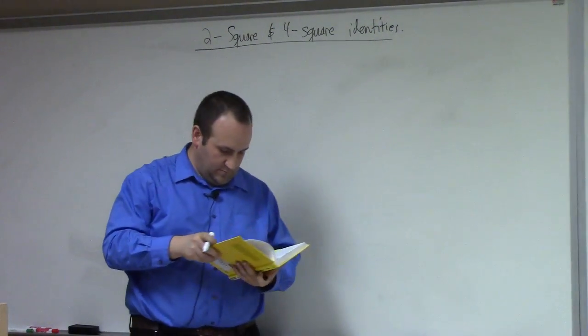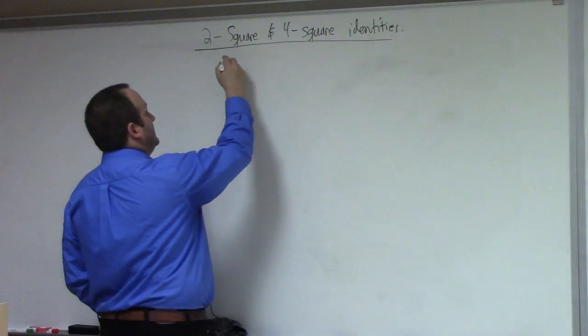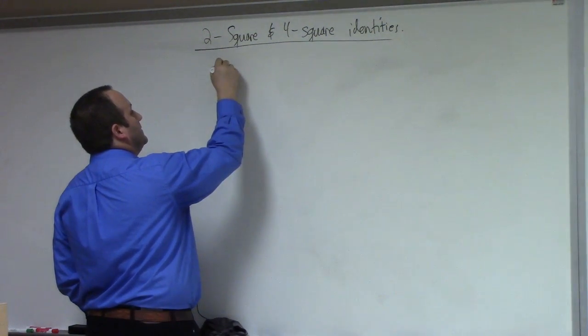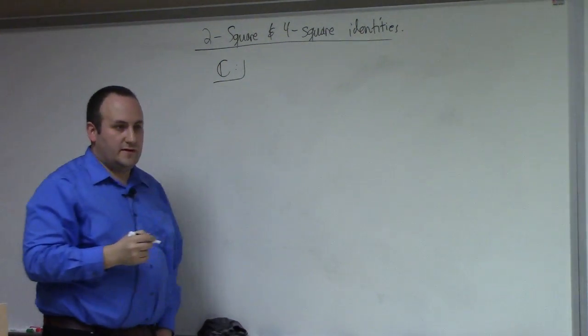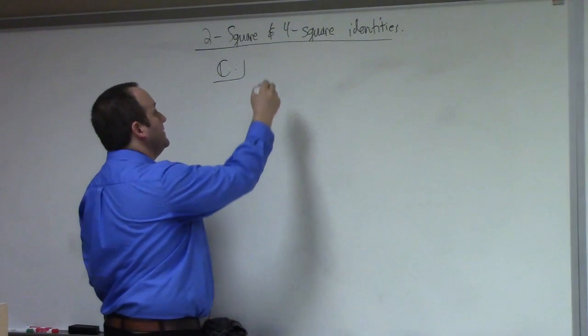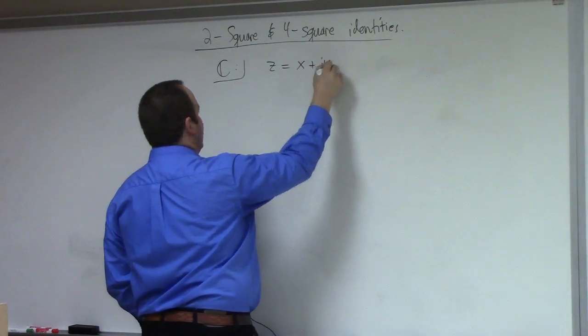Tell you what, let me show you what it looks like in the complex numbers. If you look at the complex numbers, we have z equals, say, x plus iy.